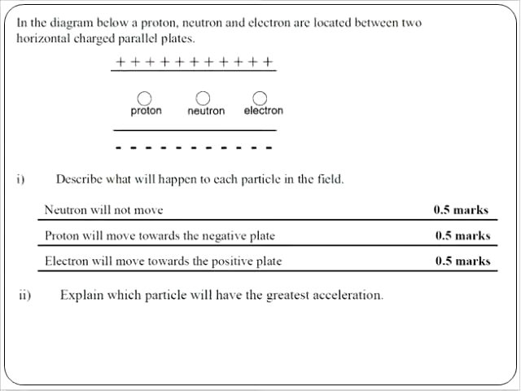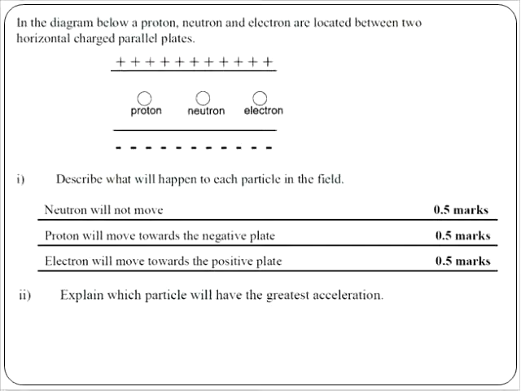If you think about it, Newton's second law tells us that force equals mass times acceleration. Because protons and electrons essentially have the same charge, except opposite signs, they're going to have the same force. So the proton is equally attracted to the negative as the electron is attracted to the positive. That's an equal force.